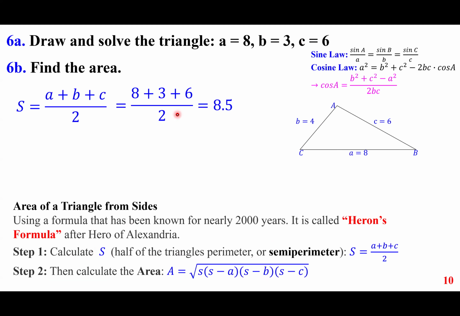8 and 3 and 6. 11 and 6, 17 divided by 2 is 8.5. We're going to put this into this formula where S is 8.5, A, B, C are given as follows.